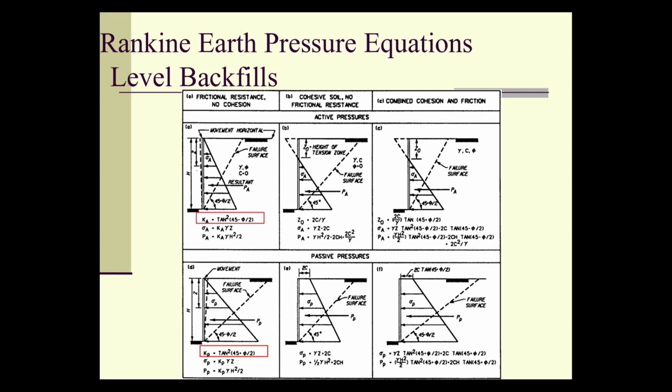You'll notice that it shows the movement with the active in A. The movement is away from the soil, like the dashed line, and the movement is towards the soil with passive. And that's the difference. If we throw in cohesion, things get a little weird. The reason they get weird is that if we have a purely cohesive soil, then we have a height of tension zone.